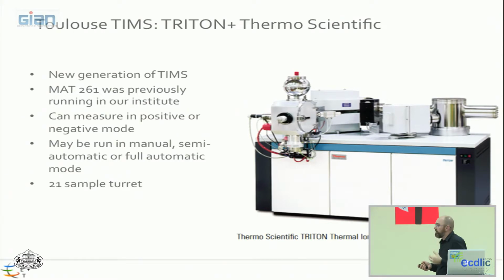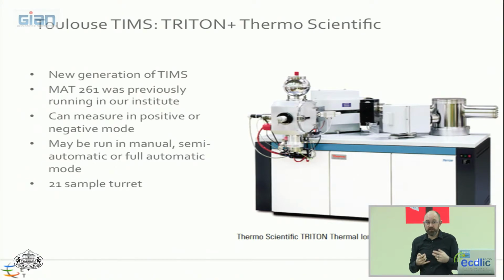This machine can measure positive and negative ions. This is a very specific particularity of this machine. So you can emit negative and positive ions. You may run it manually, like in the ancient times. You are heating it yourself, with the computer, your element until you reach a signal, and then you measure it.